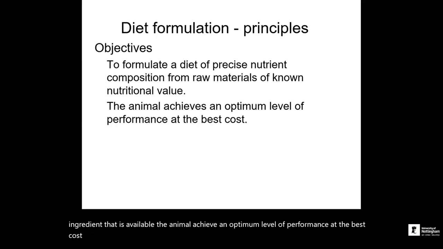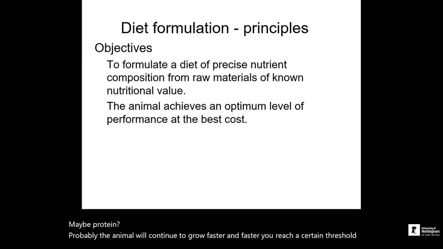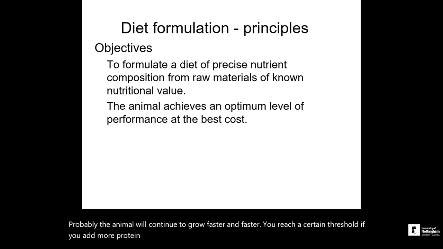If there is anything you would have appreciated by now, is that, for example, when you continue to increase nutrients to animals, maybe protein, probably the animal will continue to grow faster and faster. You reach a certain threshold. If you add more protein or more energy, it doesn't make any significant difference.